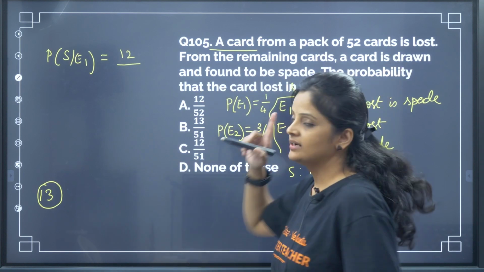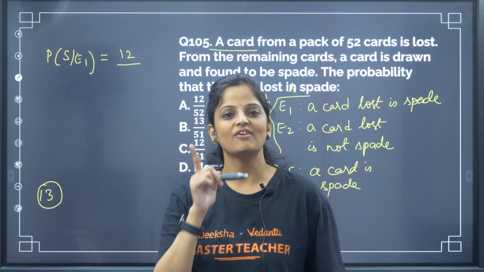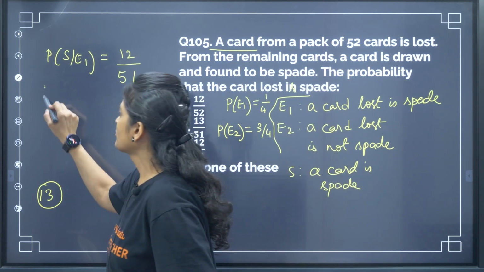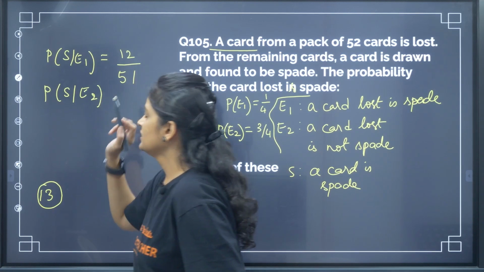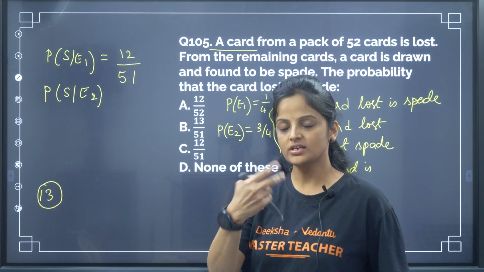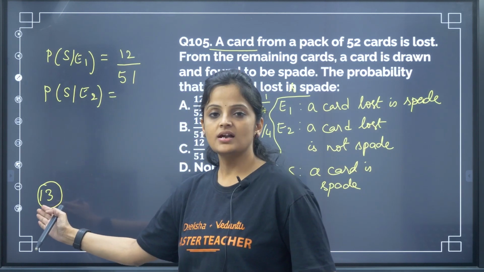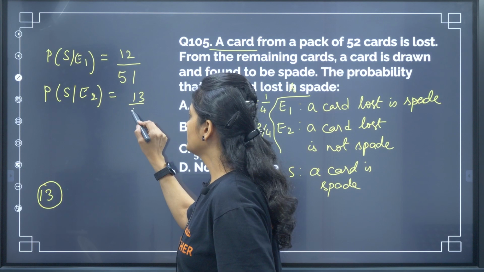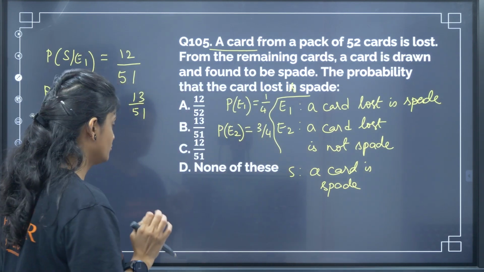If one card is lost, I won't be having 52 cards, I will be having 51 cards. So 12 divided by 51. If the lost card is not a spade, then all 13 will be there, 13 by 51. So these are the primary probabilities I have to take.